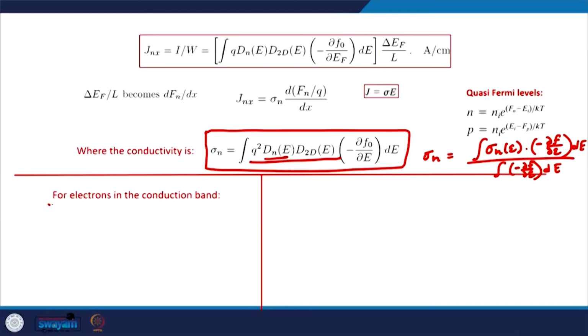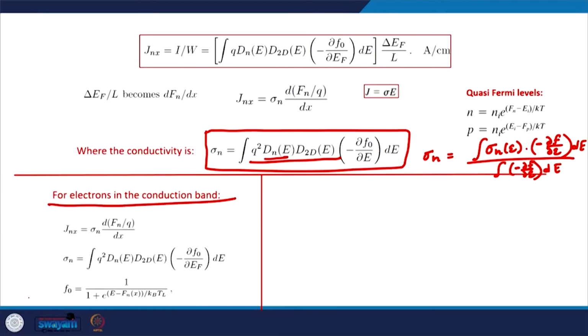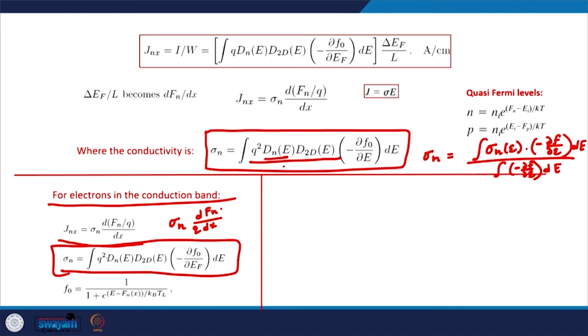So, for electrons in the conduction band, the current density for a 2D conductor, which is essentially the current divided by the width, is given as sigma_n times the gradient of the quasi Fermi level, where sigma_n is given by this expression, exactly this expression, q squared D_n(E) d2(E) times minus del f by del E into dE, where f is the Fermi function.